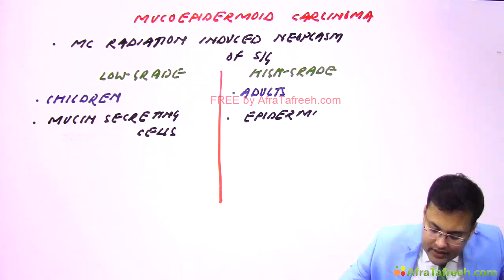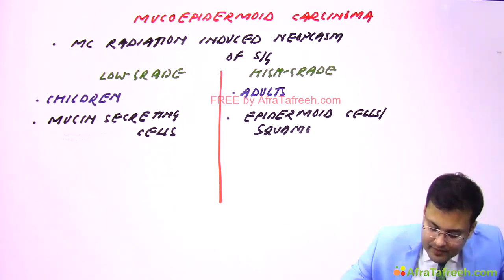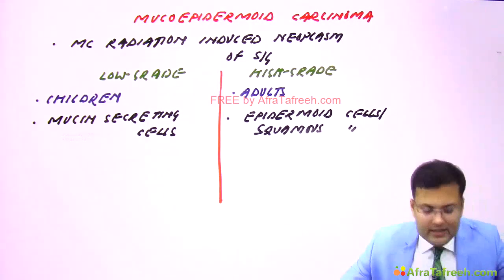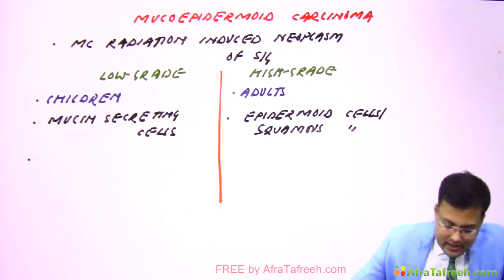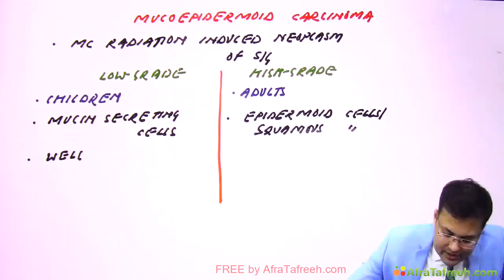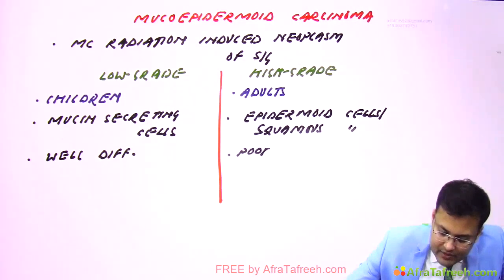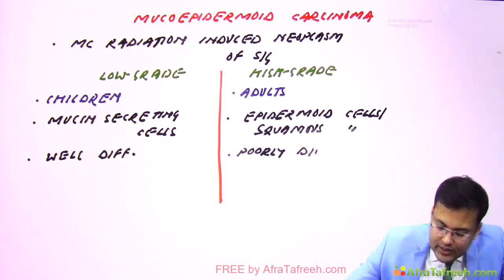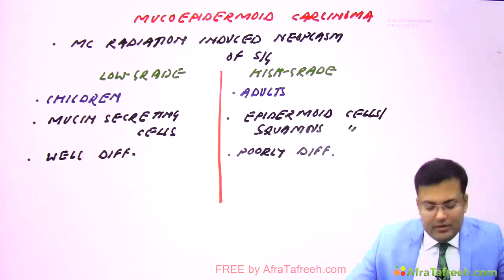And what's the other name of epidermoid cells? It is also known as squamous cells. The low grade carcinoma is well differentiated, and high grade is poorly differentiated.